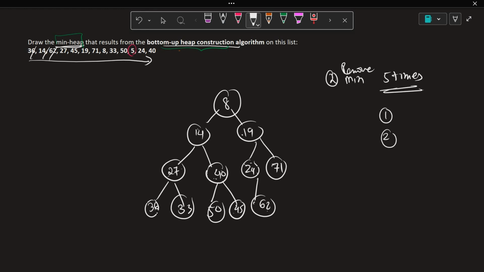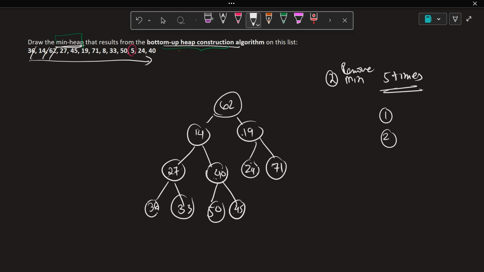So this was one time. Now we have to perform a second time. We have to chop the head again. What do we replace it with? We replace it with the rightmost node at the lowest level. You see 62, so you remove this 62 and put it over here.